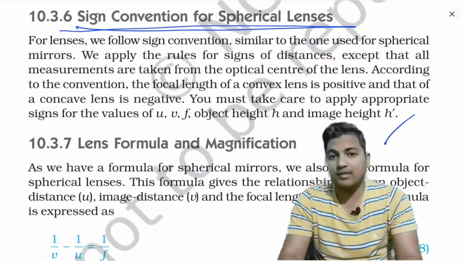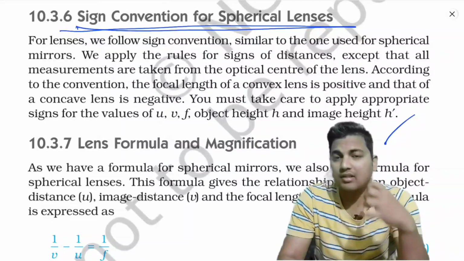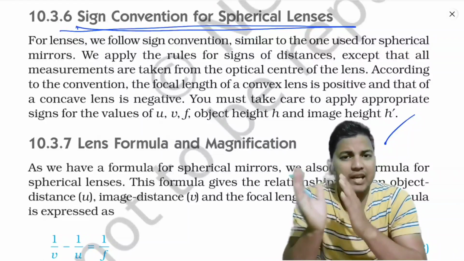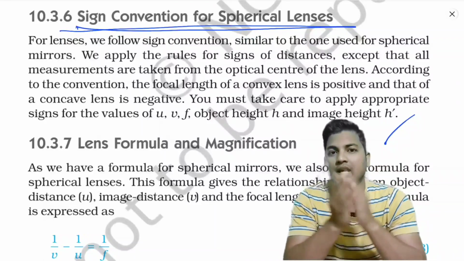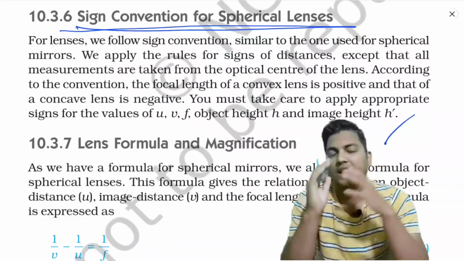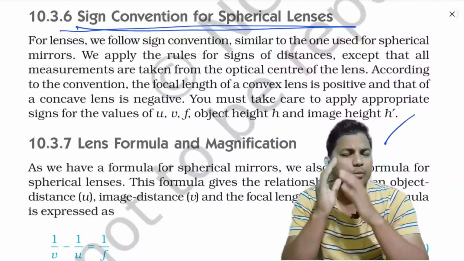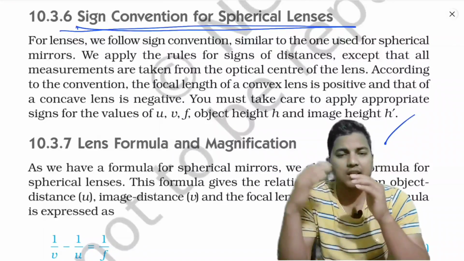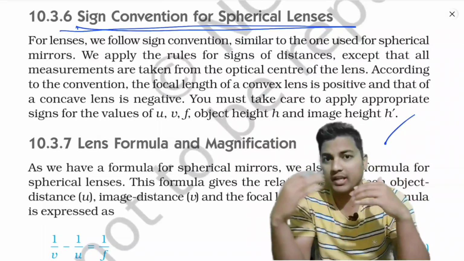In the previous video we have seen that in our mirror system the sign convention was almost correlated with that of our Cartesian plane system, and in the same way our lens system is also going to cover all the aspects of our Cartesian plane, that is the first quadrant, second quadrant, third quadrant and fourth quadrant.